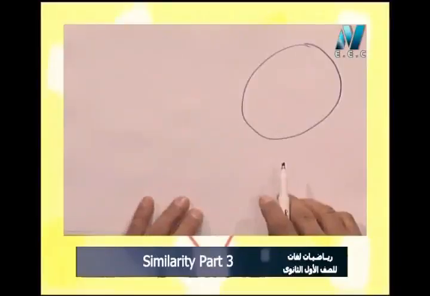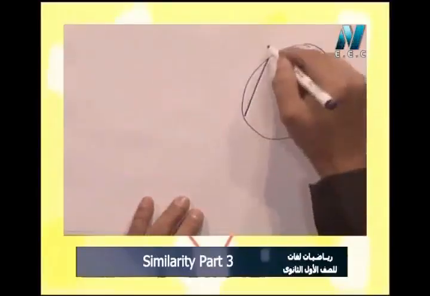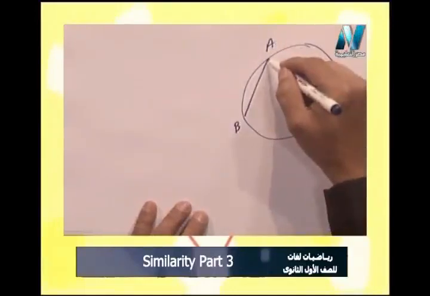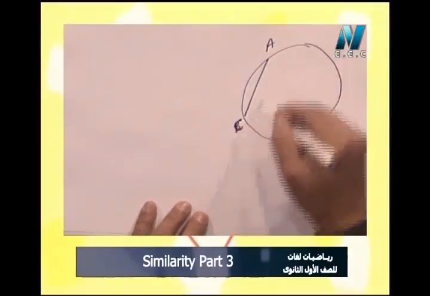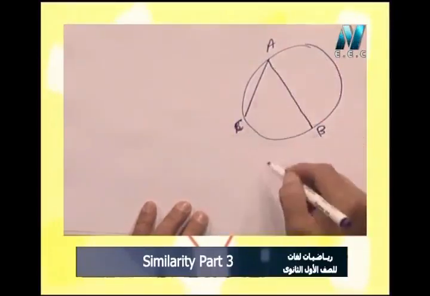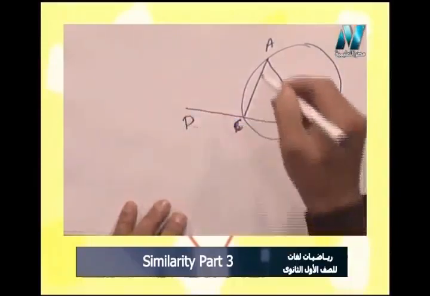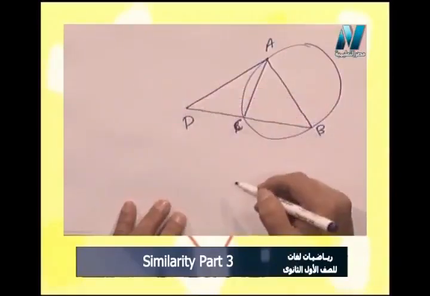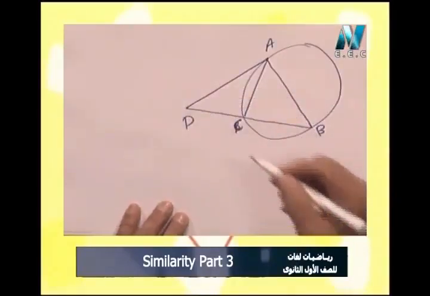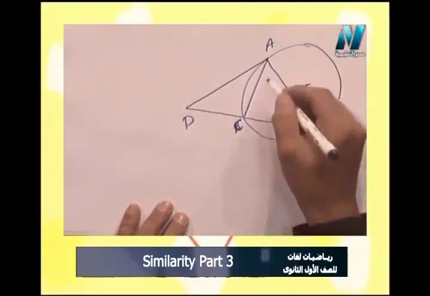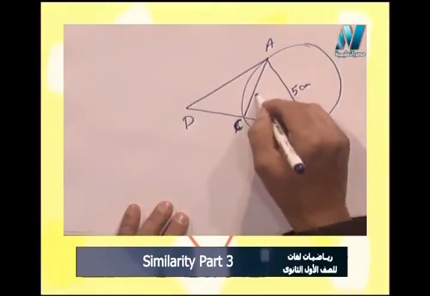Here we have a circle, and we have AB as a chord, or AC, sorry, and we have AB here, and we have a straight line D, and we have AD. And we have AB equal 5 centimeter, it is given now, and AC equals 3 centimeter.